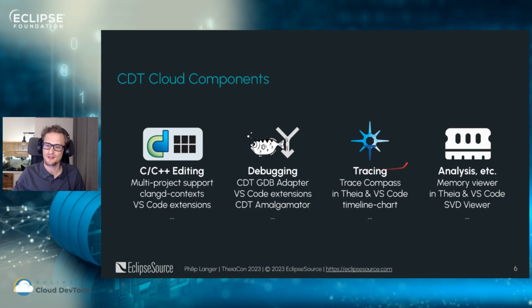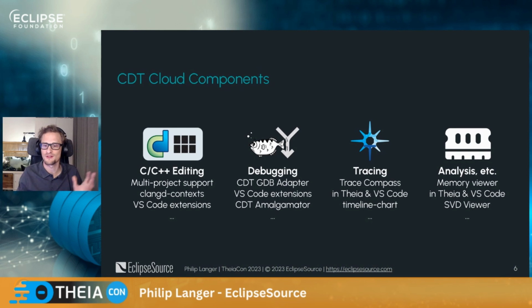In the area of tracing, I'm sure many of you know the great Eclipse project Trace Compass, which exists for Eclipse IDE and RCP. This also has parts that can then be used to integrate Trace Compass with all its glories and features into Theia and VS Code. And this is also hosted in CDT Cloud, since it's very useful in the embedded and C and C++ development environment.